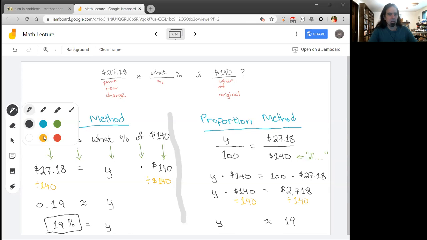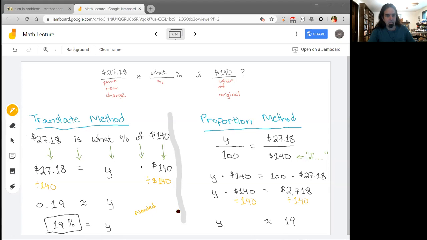In this case, we needed replop because it asked for a percent, and we hadn't done anything yet that involved percentages. In this case, there's no replop. The proportion method never uses that.